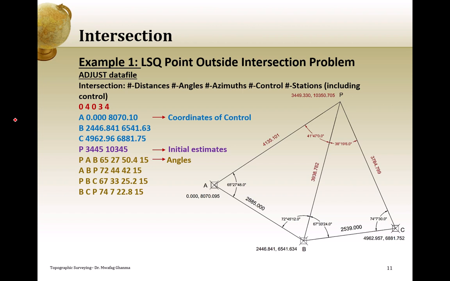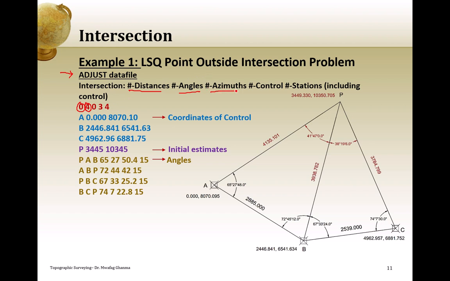According to the format of the input file for the adjust software, first we have the identification line or the title line, and we have the number of distances. In case we have only the angle measurements, the number of distance measurements is zero. For the angles, we have 4 angles, so here in the control line, we have 4 angles.